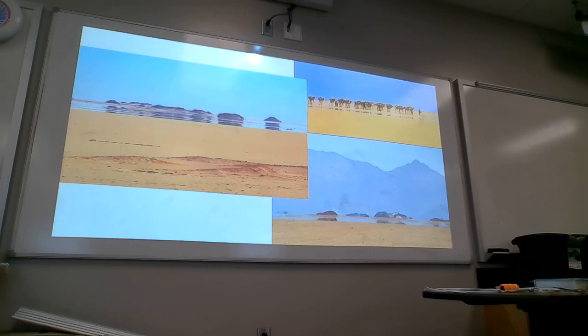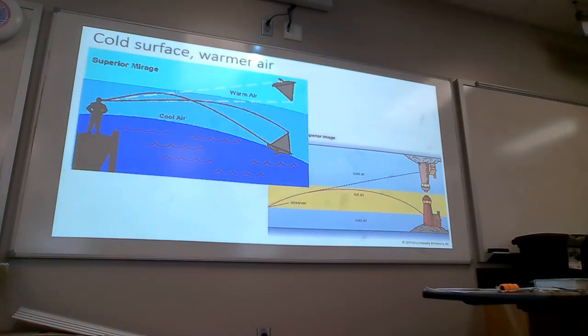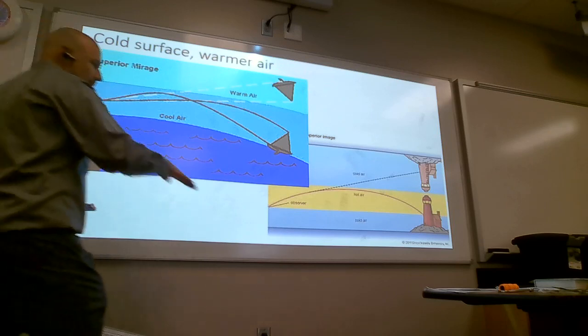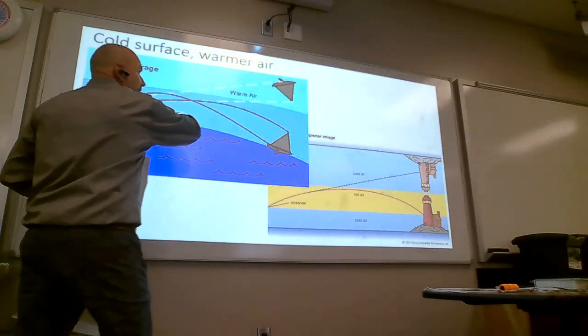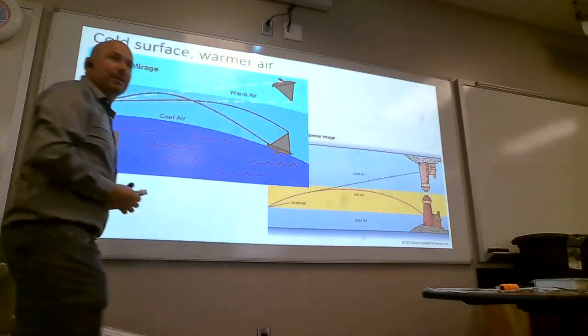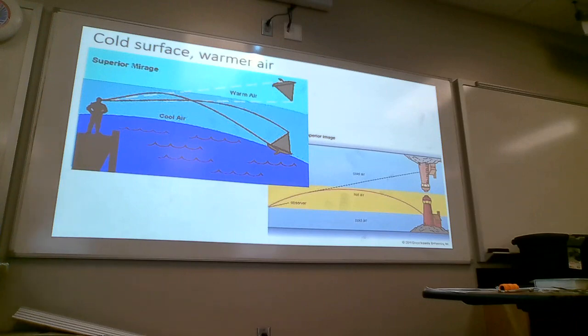All right. So this happens in reverse as well. Near the Arctic Circle, like in Scandinavian countries, the cold water makes the air cold, and up above that there is warmer air, and so light, instead of being bent up, is bent down, and so you see an image upside down in the air.